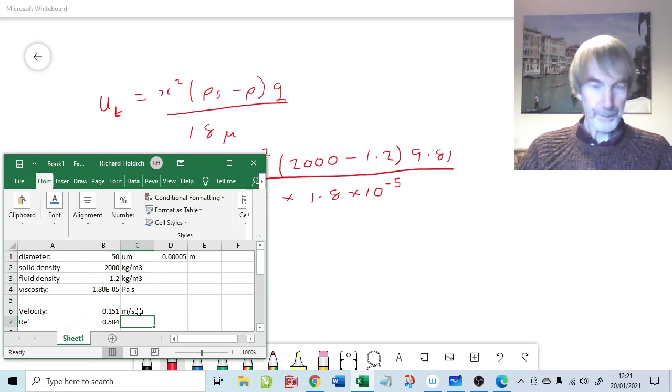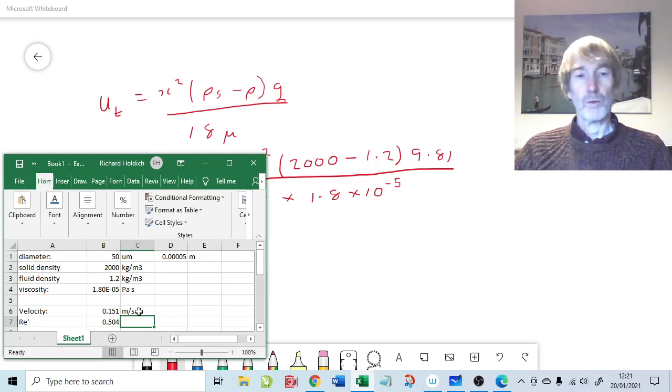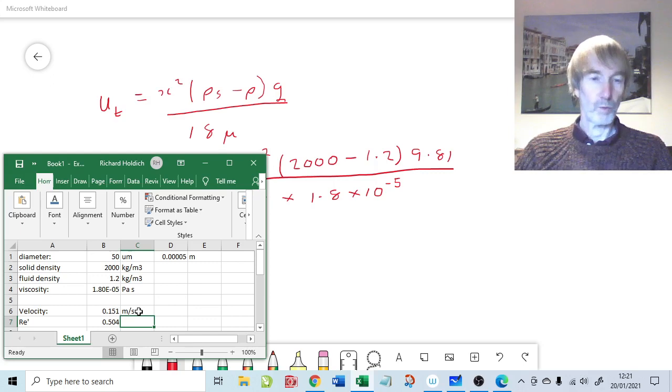It says 0.504, which is higher than our desirable threshold. We like a threshold of 0.2 for streamline flow around a particle, and this is significantly higher. So we know the velocity will actually be less than 0.151, but don't worry about it, because the main aim of this question is to work out whether it's a credible solution to have a laminar flow assumption of the fluid.